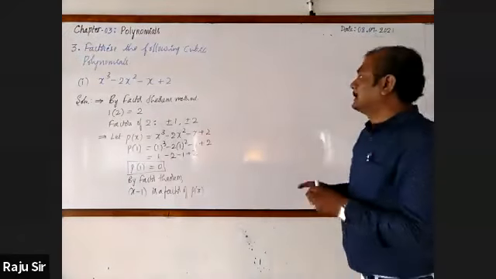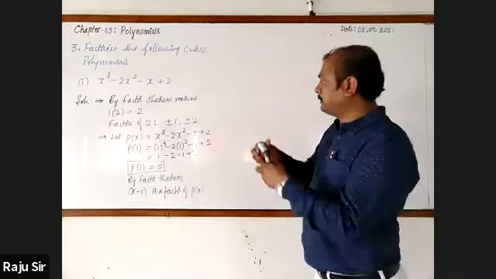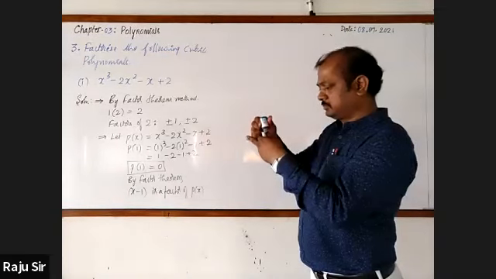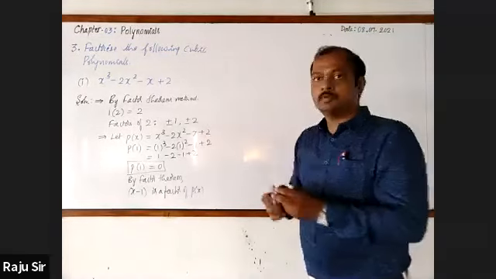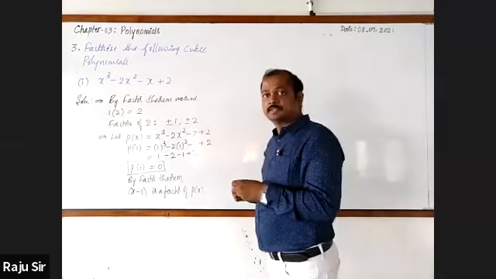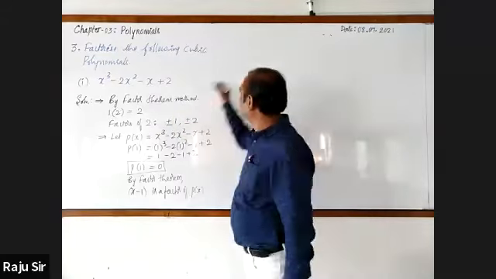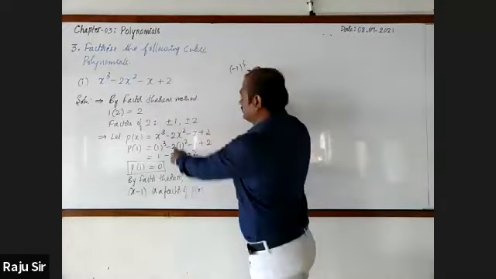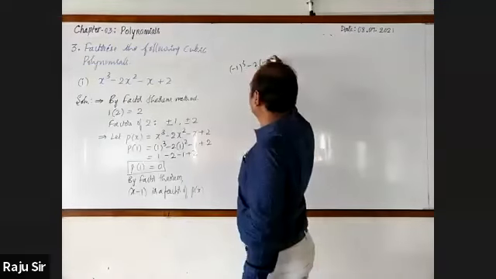Then, is it possible to get minus 1? Let's go. Just observe it. I take minus 1 in place of x. Here minus 1 whole cubed minus 2 into minus 1 whole squared minus of minus 1 plus 2.